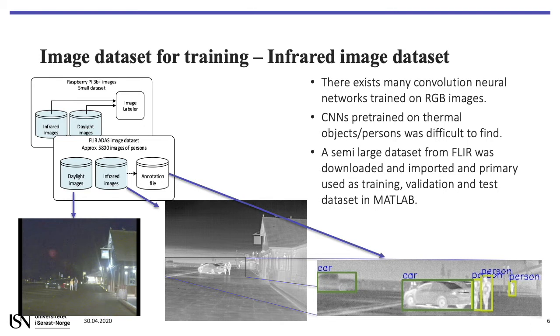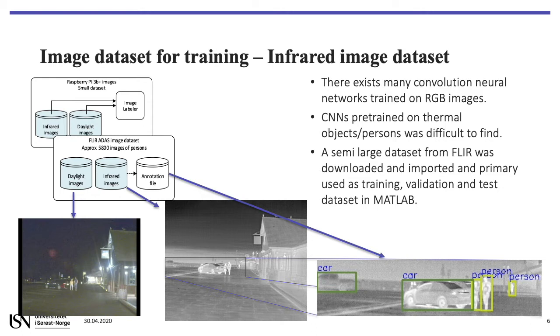There exist a lot of CNNs that are trained on RGB images, but not so many CNNs that are trained on thermal images. And it's a little bit more tricky to classify objects using thermal images because they have less information.